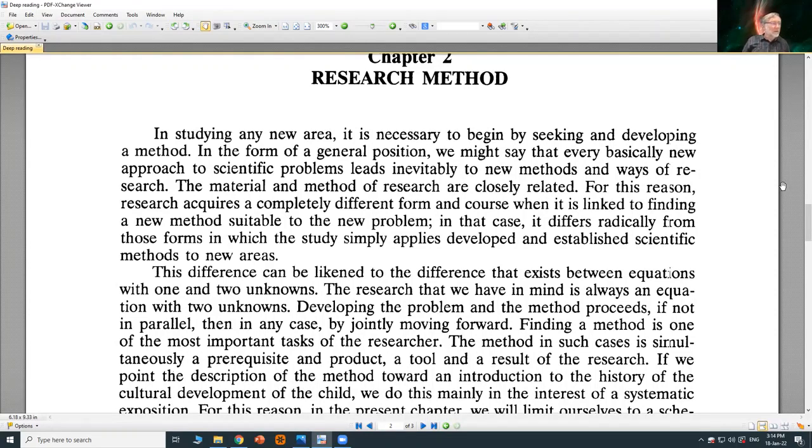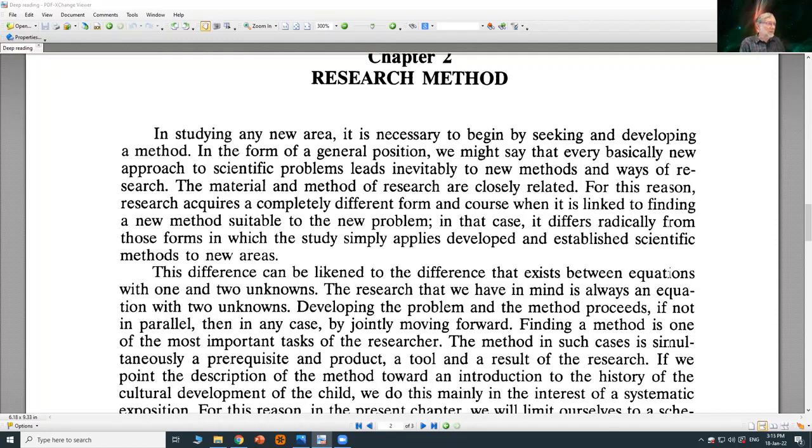The first is that Vygotsky is making the claim that, as the title of the book says, the development of higher mental functions, or the study of that, is a new area, something that hasn't been done before. And the second claim is actually a really interesting claim: that whenever we start to investigate a new area, we need a new epistemology.